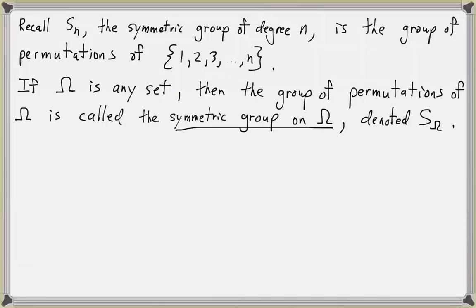So when you're permuting the numbers 1 through n, we denote this Sn, but if you're permuting the elements of some set omega, we denote this as S sub omega.